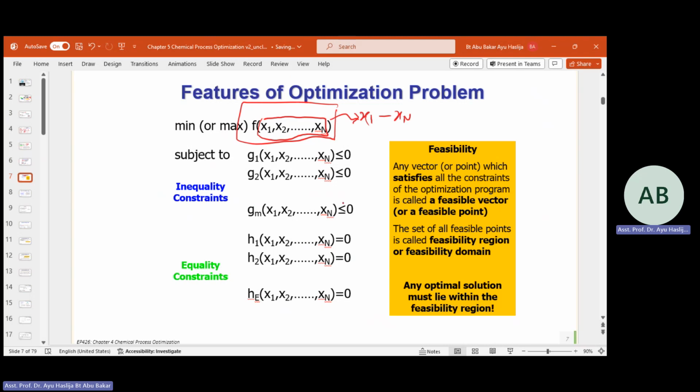Inequality constraint is when you don't have the equal symbol. Here it is not necessarily equal to 0. It depends on your constraint. Later we'll go one by one for the example. We just need to understand the terms first now.